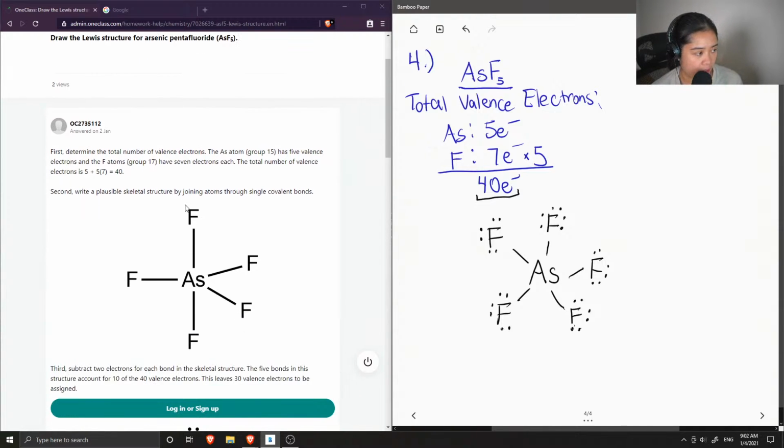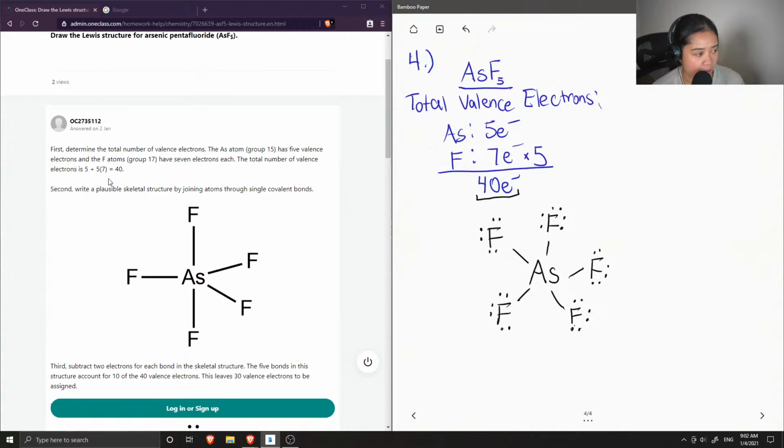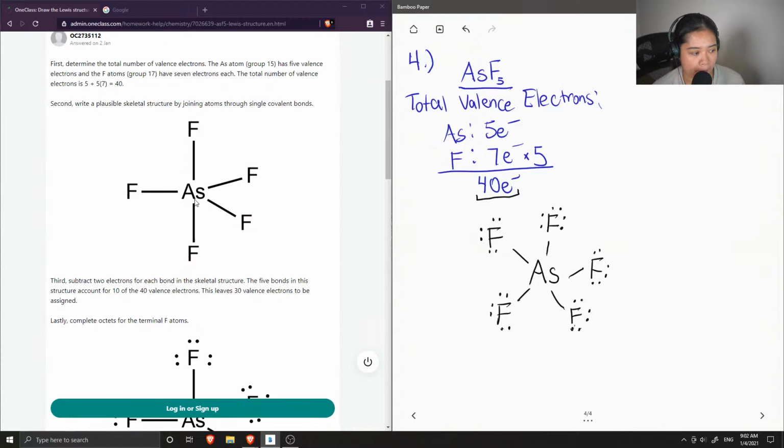And the junior tutor said to first determine the total number of valence electrons. The arsenic atom in group 15 has 5 valence electrons, and the fluorine atoms in group 17 have 7 electrons each. Total number of valence electrons is 40. Second, write a plausible skeletal structure by joining atoms through single covalent bonds.